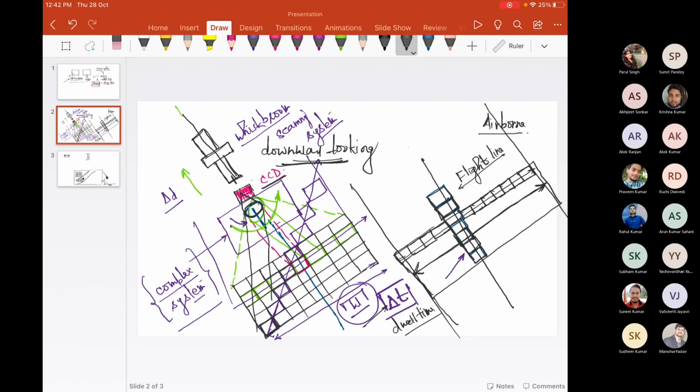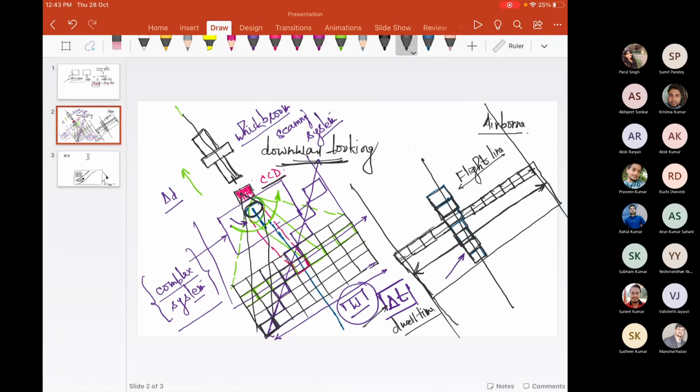the optics. Okay. So let's say we consider the total time taken by the system to capture the information of all the ground resolution cells across the flight line.